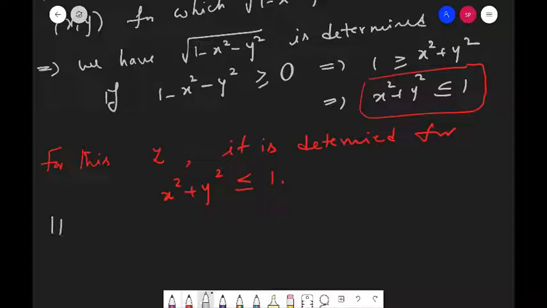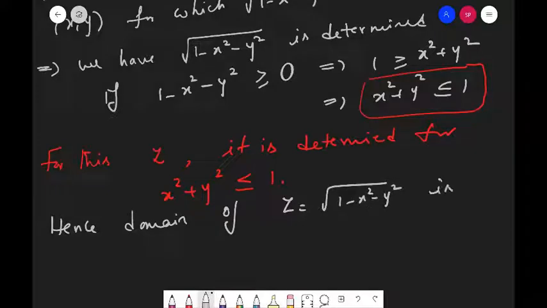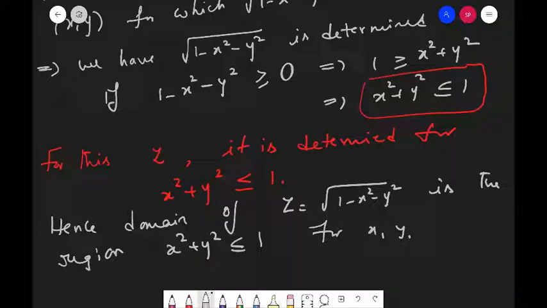Hence, the domain of z equal to square root of 1 minus x square minus y square is the region x square plus y square less than or equal to 1 for x comma y.